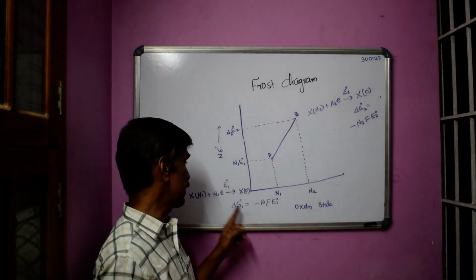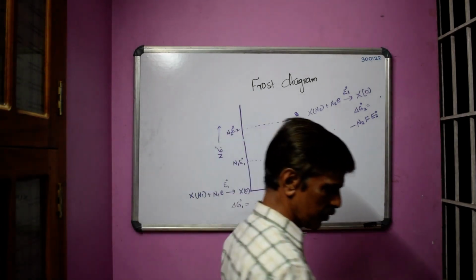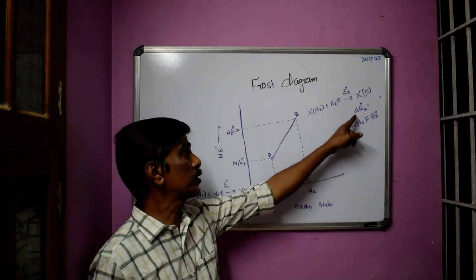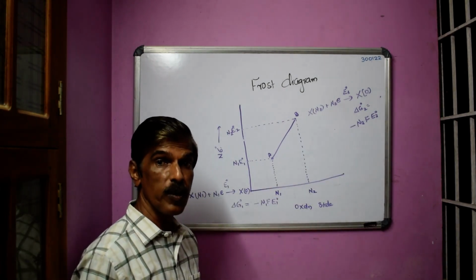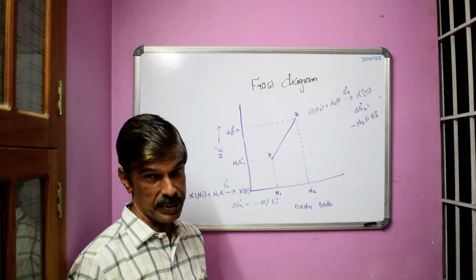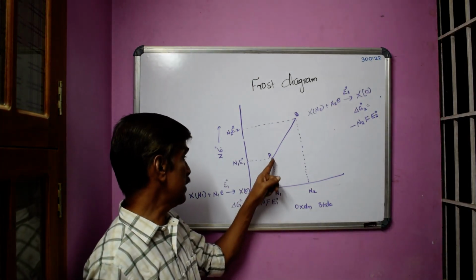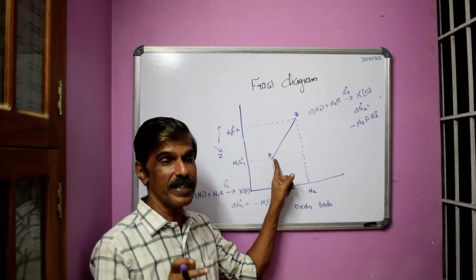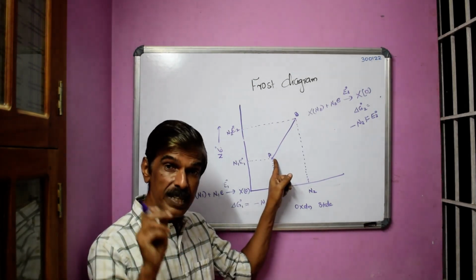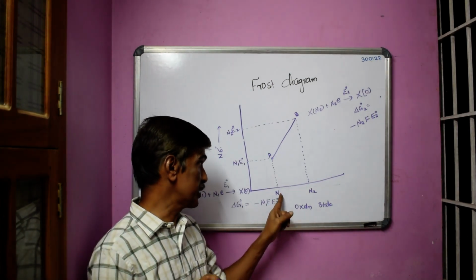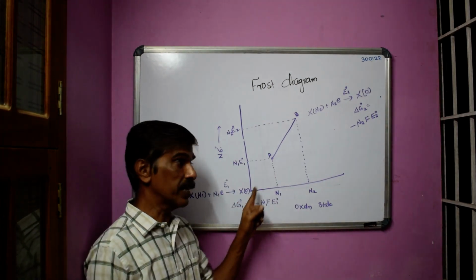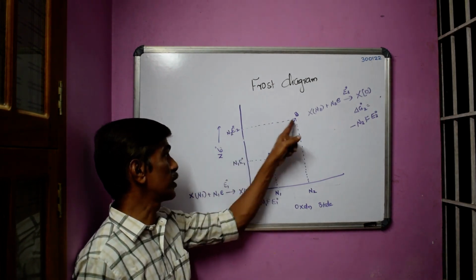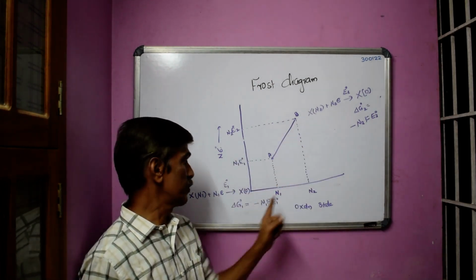So we can write delta G1 is equal to minus N1 F E1 0 and delta G2 is equal to minus N2 F E2 0. The species with the element in the N1 oxidation state is converted into the 0 oxidation state with E1 0, and this is E2 0. These are two similar equations.